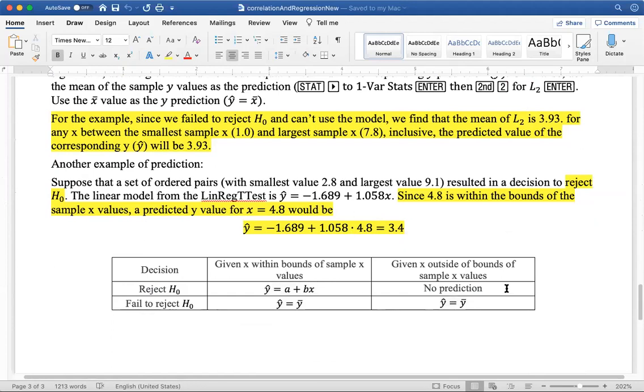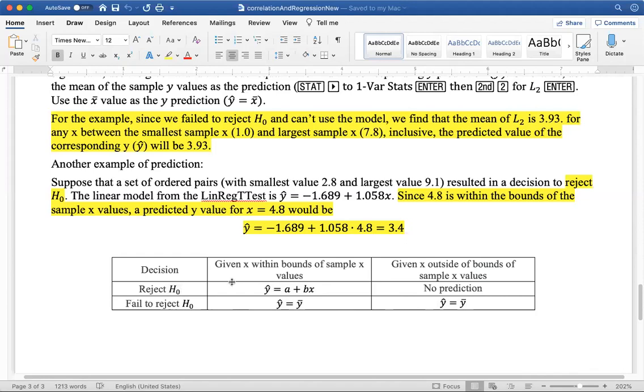Notice in all, there are 4 possible situations. You reject H0 and X is within the bounds, or you reject H0 and it's not within the bounds, or you fail to reject H0 and X is in the bounds, or you fail to reject H0 and X is not within the bounds. Of those 4 situations, the only one where you can use the equation to come up with predictions is when you reject H0 and X is within the bounds.